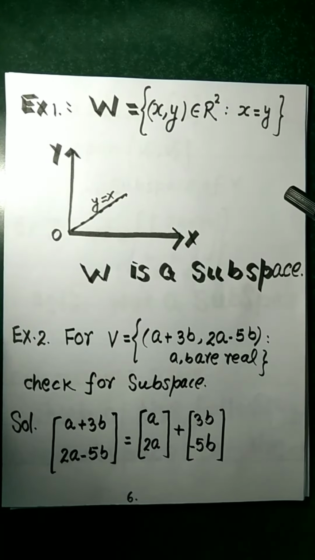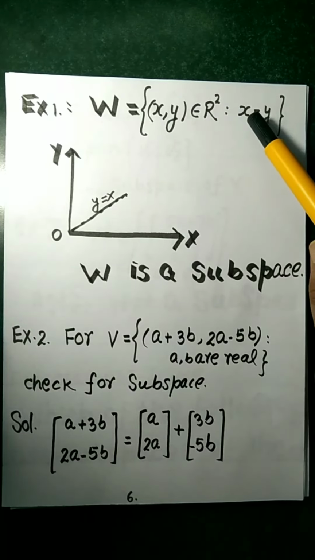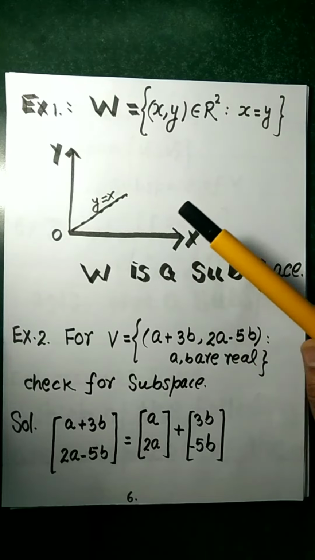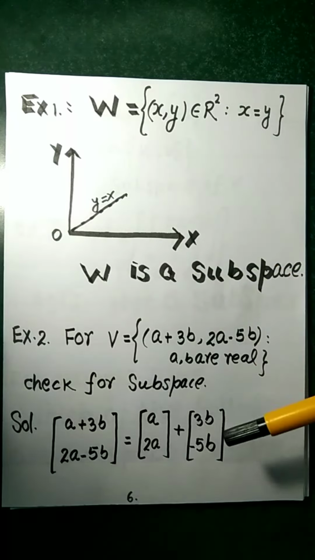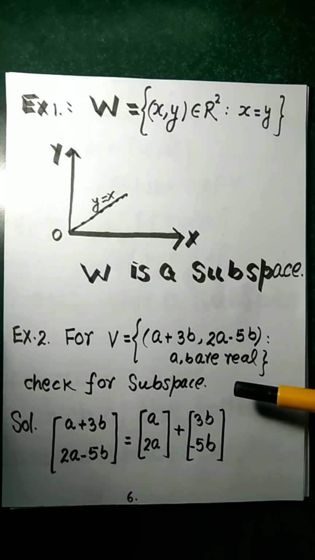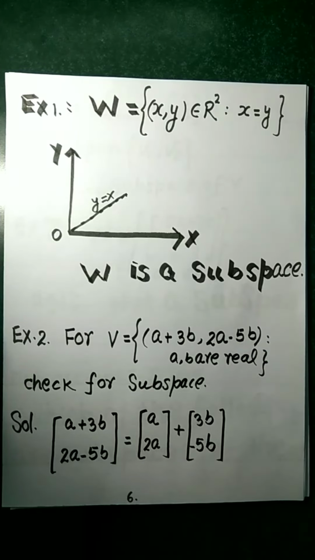Let us consider W in R2, the Cartesian plane, given that x equals y. So here W is a subspace because it satisfies the first condition. Let us write this as a linear combination.